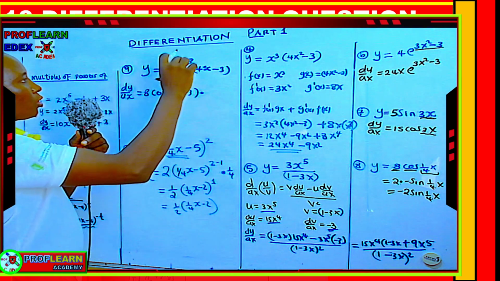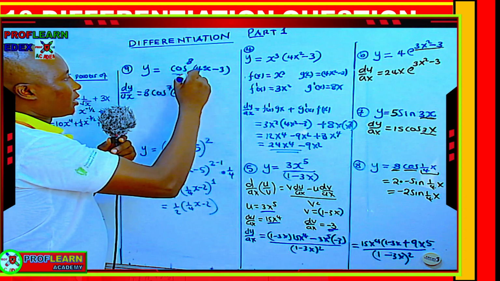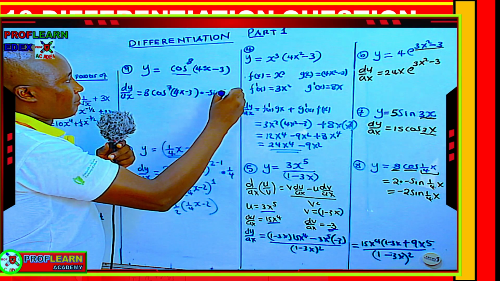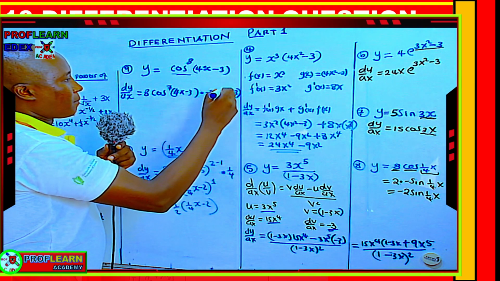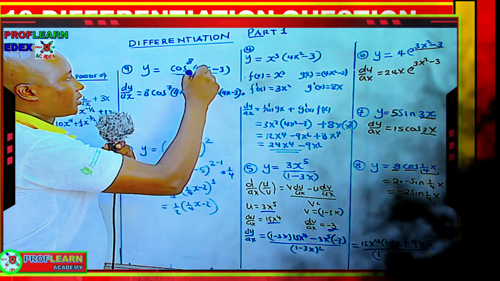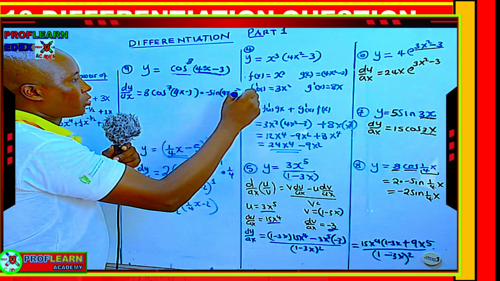And then now, don't look at the power, differentiate the cosine, it will be minus sine(4x minus 3). Then differentiate what is inside here and multiply, which is going to be 4.